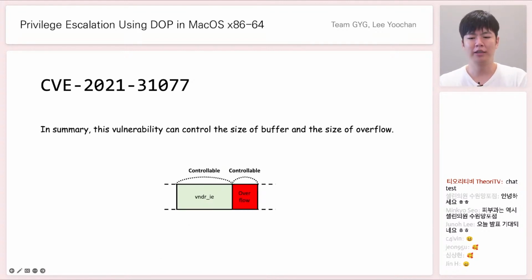Let's summarize the vulnerability. Since the kernel allocates the buffer with a user controllable size, the size of the kernel heap buffer is controllable. Further, the length field of the stored buffer is also controlled by the user. That is, how many bytes to overflow can be controlled.